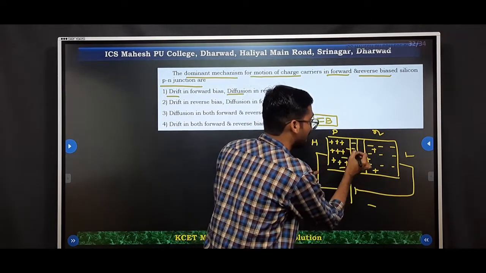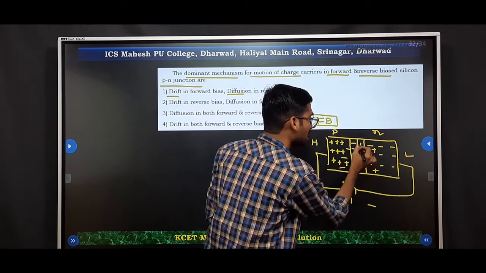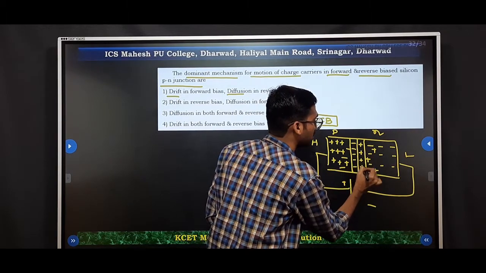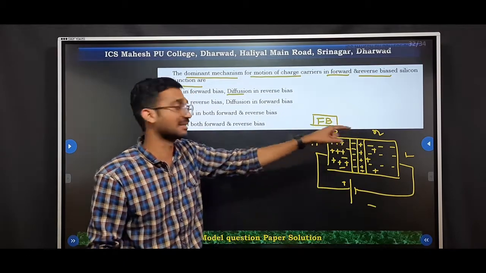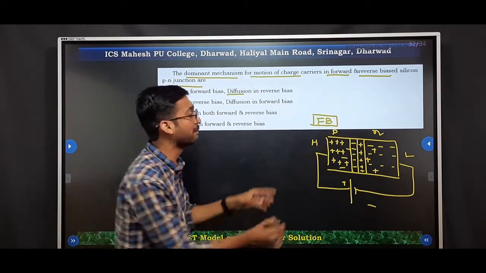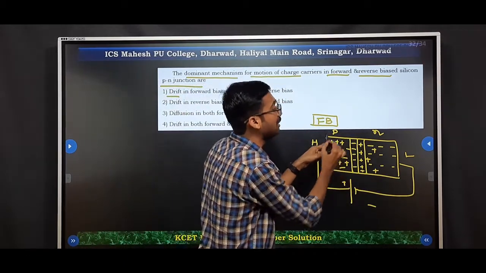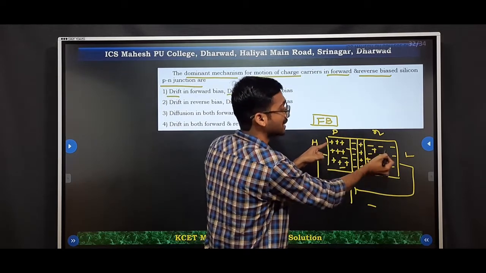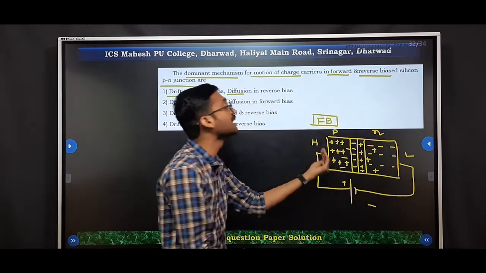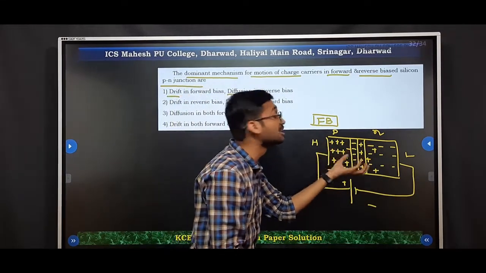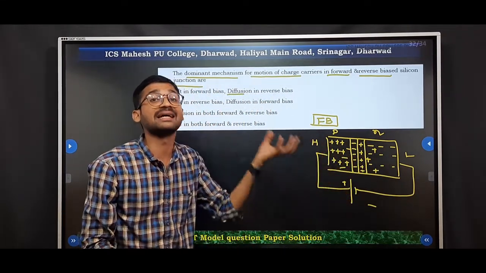Here we have negative charge carriers and at this side positive charge carriers. The moment I make the system forward biased, slowly the holes in the P side will move towards the N side and electrons in the N side will move towards the P side. This process we call diffusion.